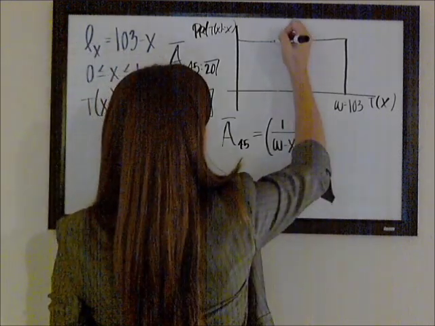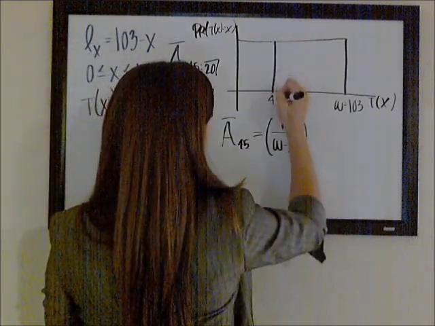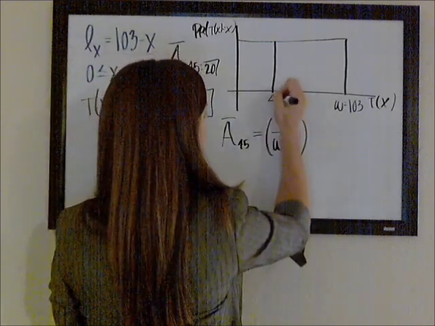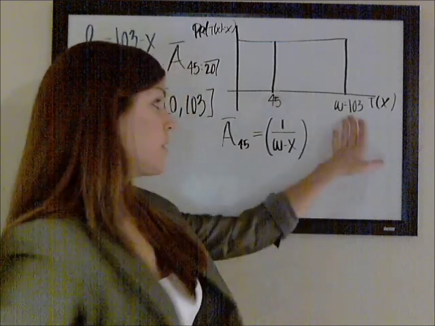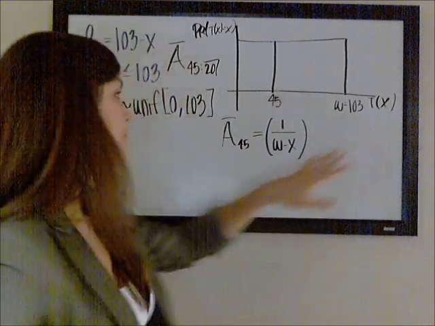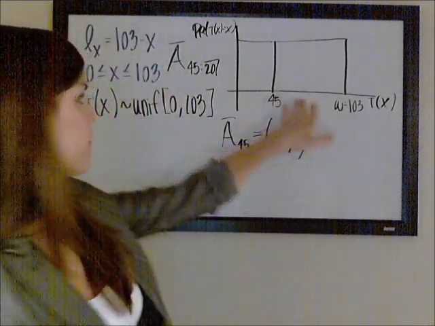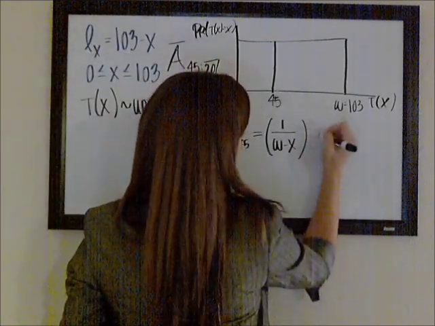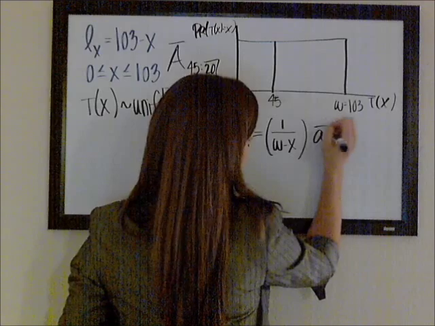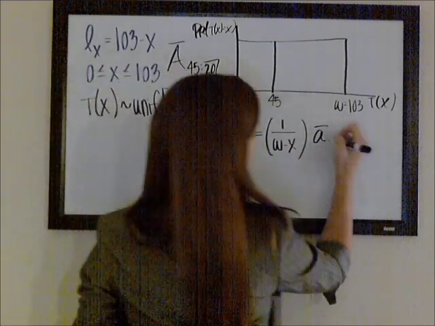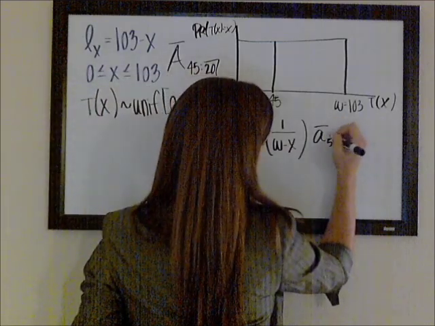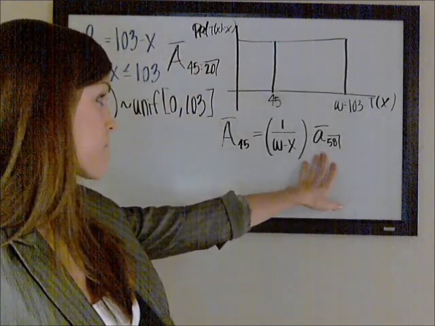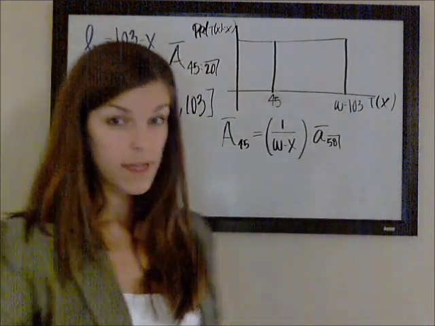Well, you're at 45 now, and if your limiting age is 103, you have 58 payments left to go. Okay, so that would be a continuous annuity certain for 58 years. Okay? Hopefully that makes sense.